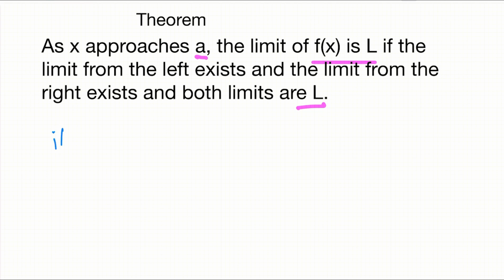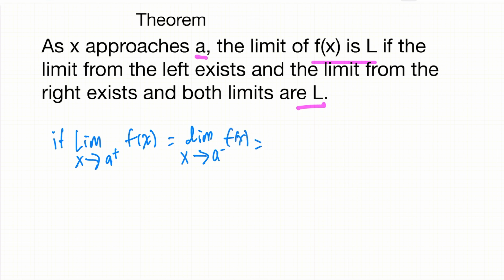If the limit as x goes to a from the right of f of x is equal to the limit as x goes to a from the left, or vice versa, of f of x is equal to L, so they're both equal to L, then we can say the limit as x goes to a, from both sides, notice there's no plus or minus here, of f of x is equal to L.